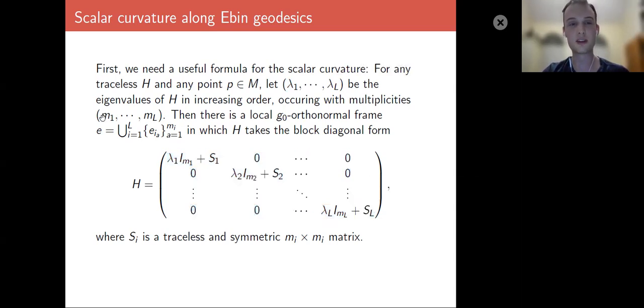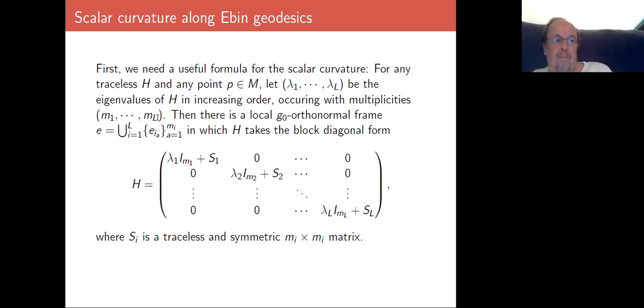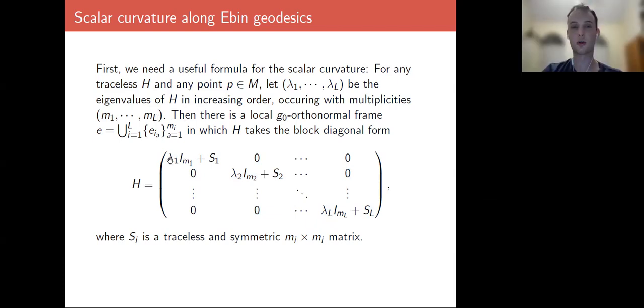If all of these multiplicities are equal to 1, then you can actually find a local smooth basis which diagonalizes H in that local neighborhood. But if there are non-trivial multiplicities, then the best you can hope for is this block diagonal thing. So I hope that makes sense and clears up some of the issues.